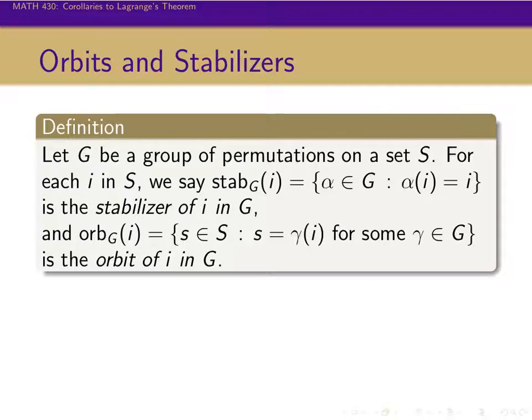So really the orbit of I is all the things that I get sent to inside of S by the elements of G. Okay, and so the stabilizer keeps I in the same place. The orbit is all the other possible things in the set that I might get sent to by elements of G.